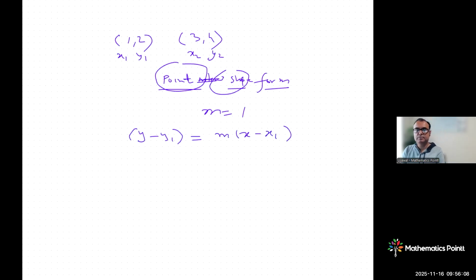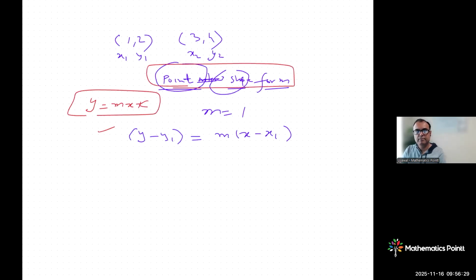Remember that. So the first one that I gave you, in a different color, was y equals to mx plus c. Now I'm giving you another form, the point slope form. Let's plug it in.